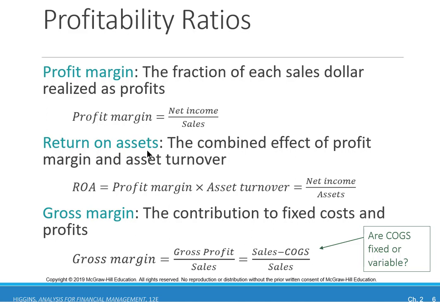We talked about return on assets. That's the profit margin times asset turnover. And again, one of the things about this ratio that we just need to keep in mind is that since this number uses net income, it also is a reflection of how much leverage the company has. How much debt do they have?